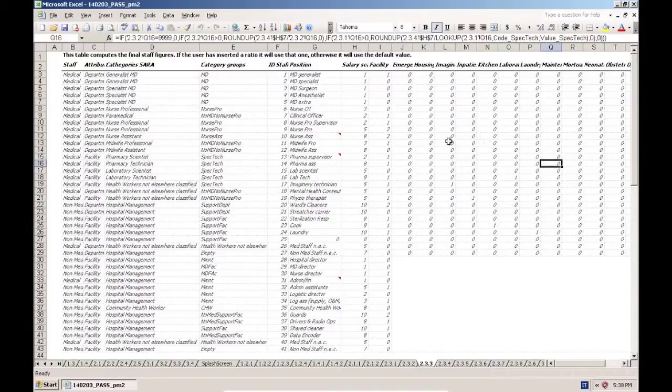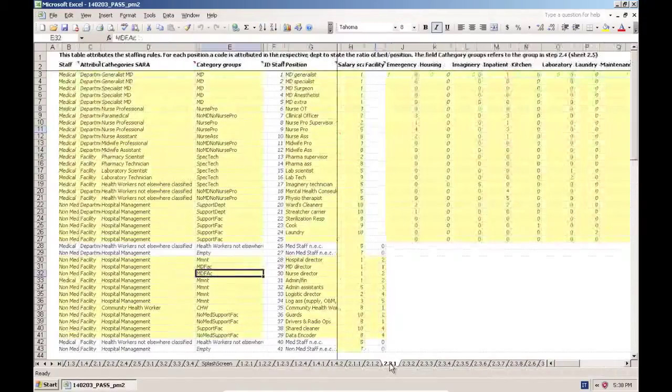And it's computing the total in this column. See, there is a horizontal sum, so it's looking at all the departments and telling you, look, I need such number for Nurse Pro, for example. This is number 2.